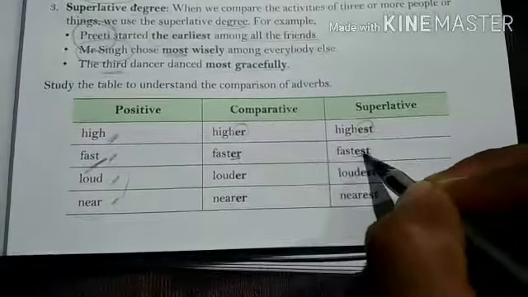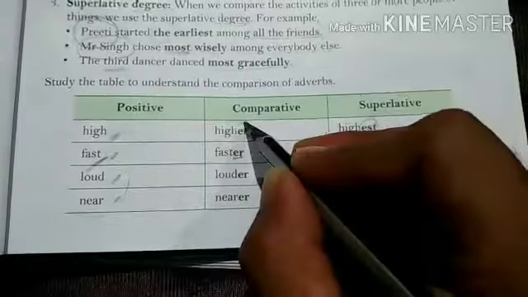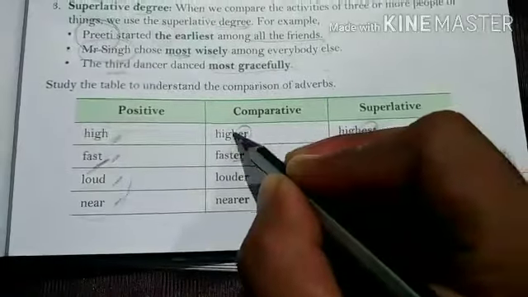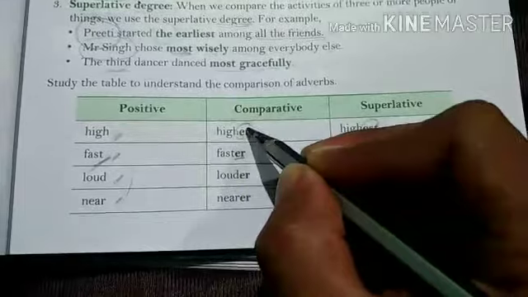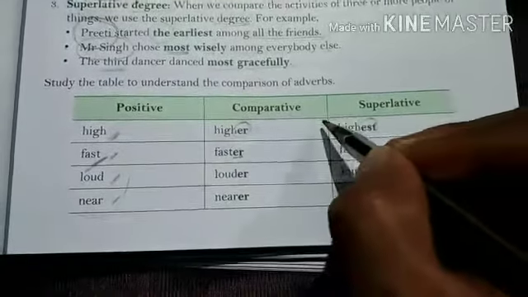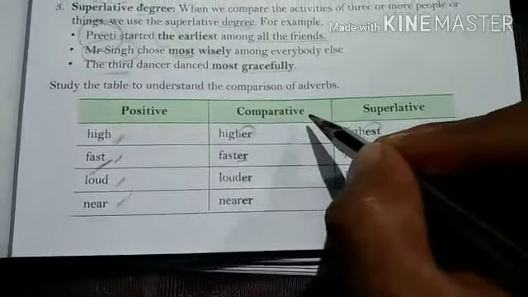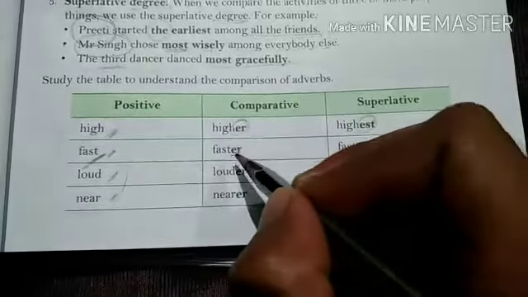As I have told you, there are two types of degrees of comparison in adjectives, regular and irregular. So in adverbs also we have regular and irregular degrees.